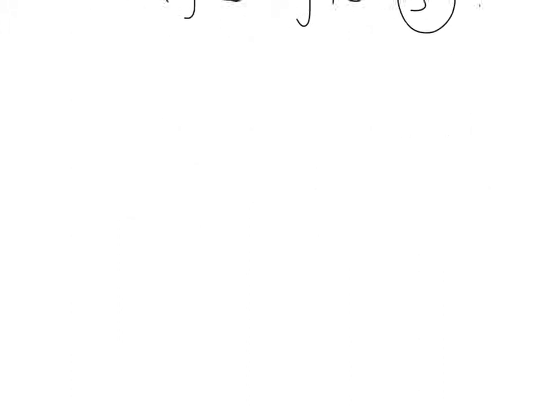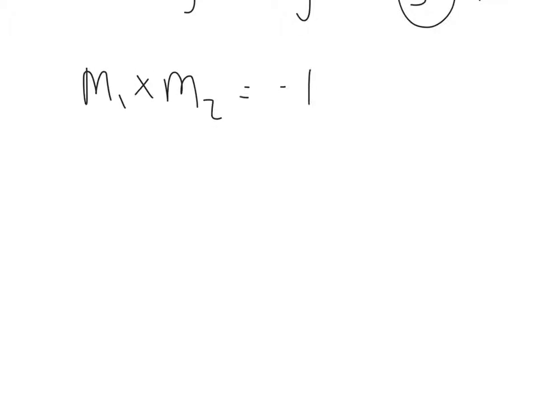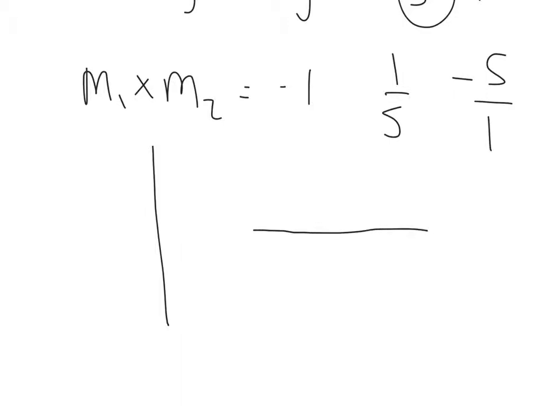You should note that M1 times M2 equals minus 1, and this combined with the fact that you flip the fraction and change its sign, it works for all lines except for vertical and horizontal lines.